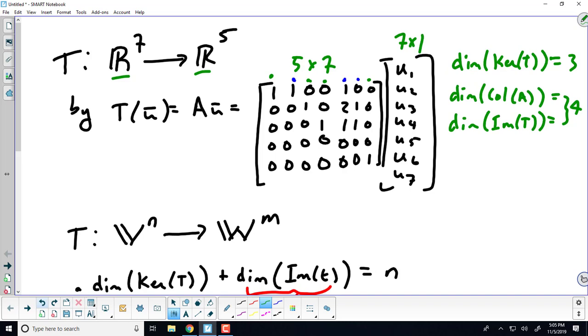I feel like that rank nullity theorem solidifies something we were starting to suspect as we were working through this. There was a connection between our pivot columns and how big of a space we get in the vector space that we're moving to. That is the size of the image. Okay. Any questions on that?